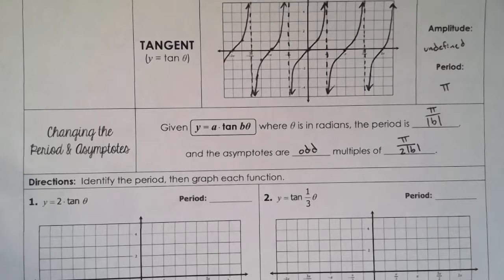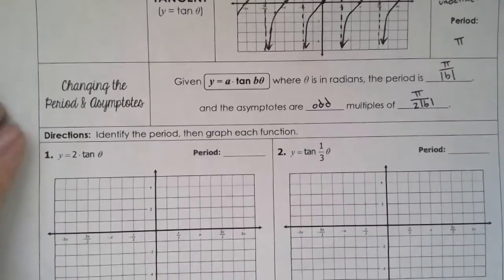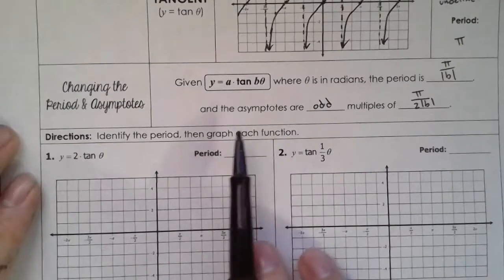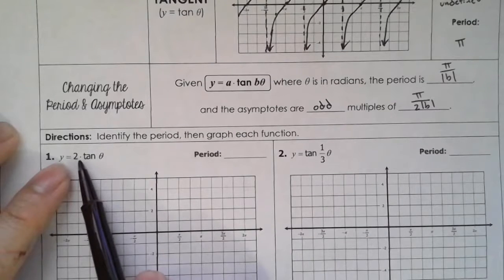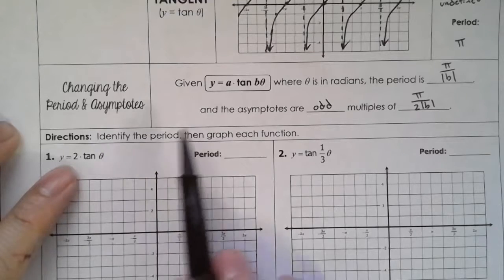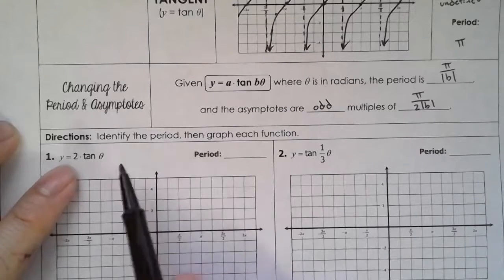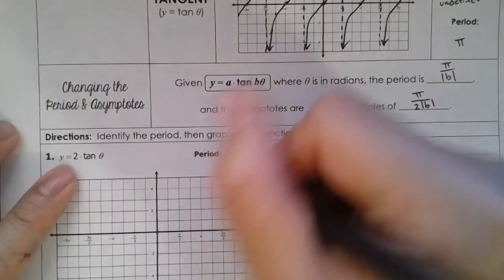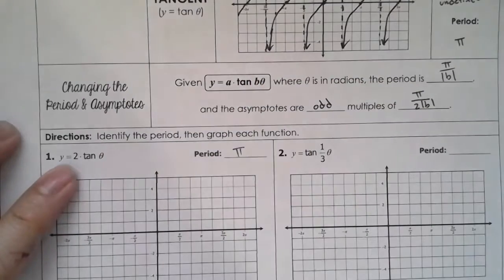Okay, so with that said, let's look at the next one. I have y equals 2 tangent theta. What changes here? The a doesn't really do anything to my period, so I just have pi. What does that mean for my graph?